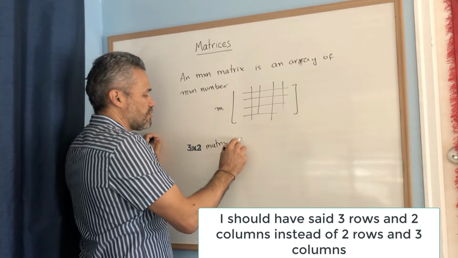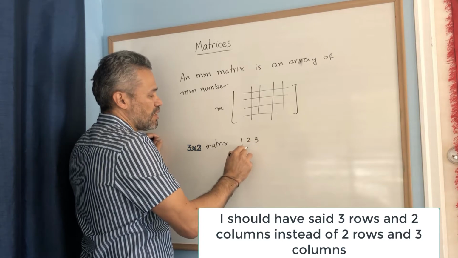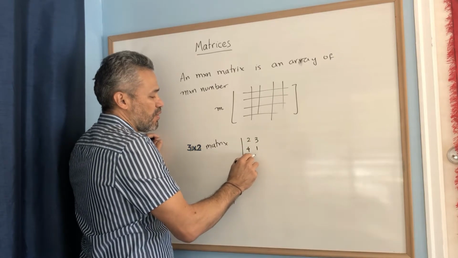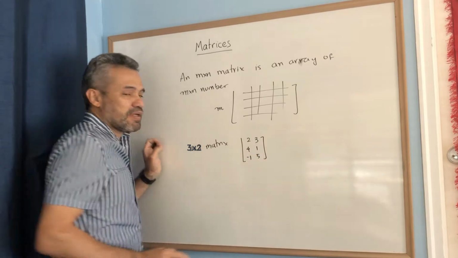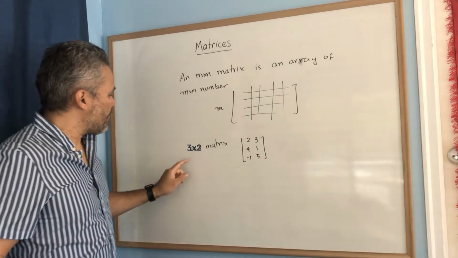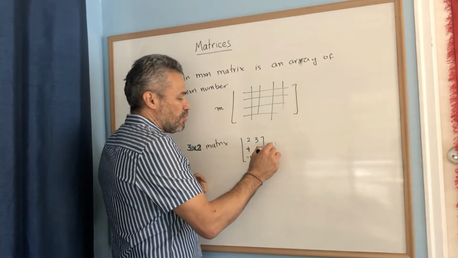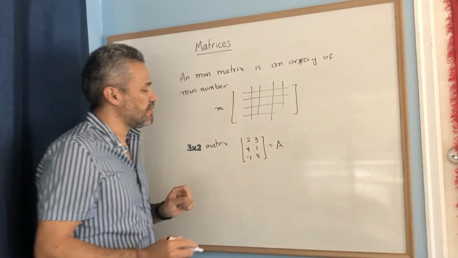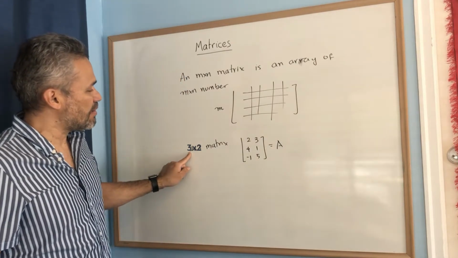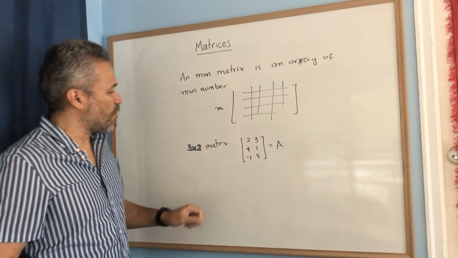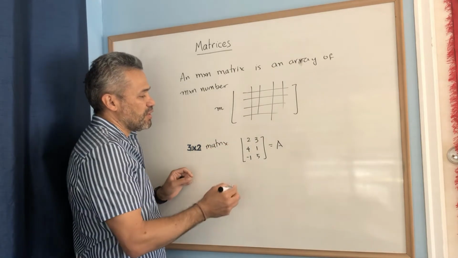Then we need 2 rows and 3 columns. This will be 2, 3, 4, 1, -1, 5. When we have a matrix, we usually denote it with a capital letter. And since we have 6 numbers, we call these numbers according to their position.